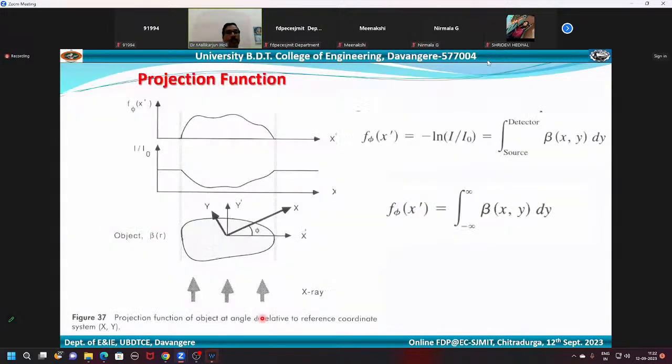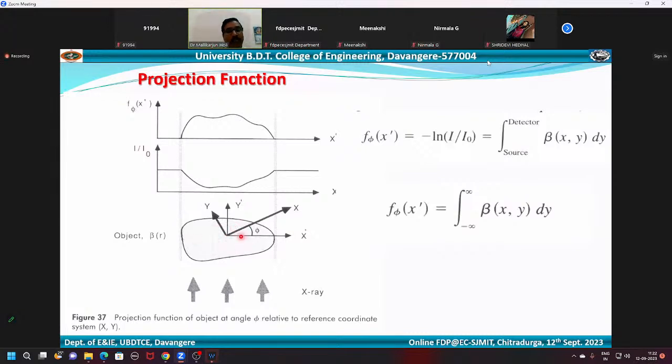Okay. One of the important concepts in developing the image is the projection function. When an X-ray passes through an object, based upon its thickness and density, an appropriate amount of the X-ray intensity is absorbed.